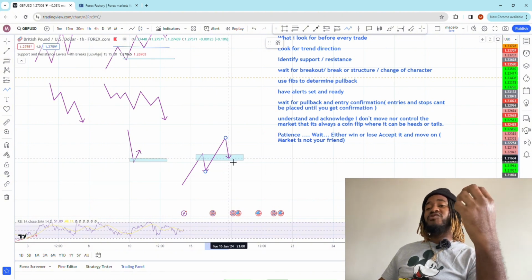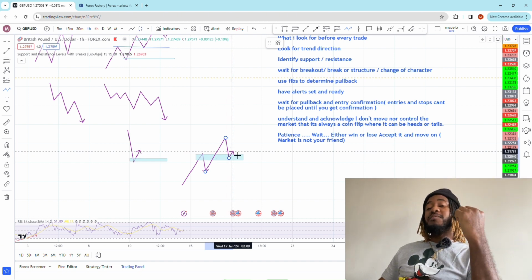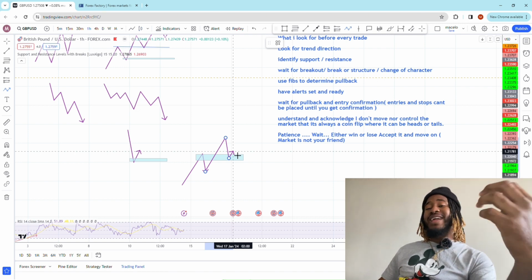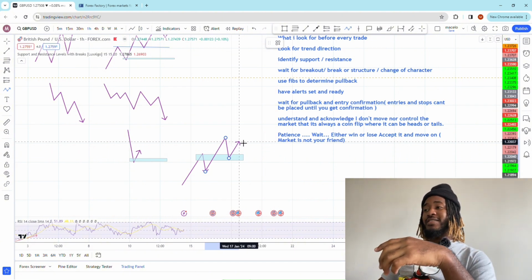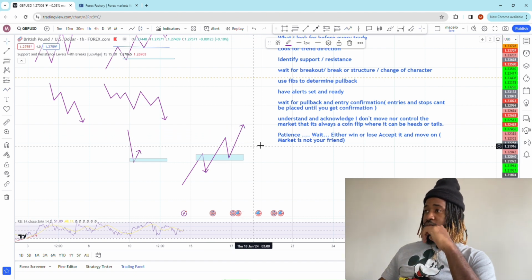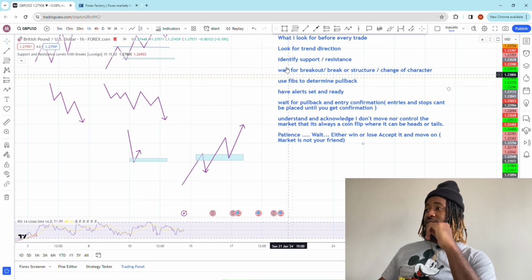So I want to see some kind of respect. And then I want to see some kind of momentum candle, which we'll get into, or buying pressure to say, okay, I could possibly come back to this area, or I can go higher, trend higher. You understand? So that's what I look for.